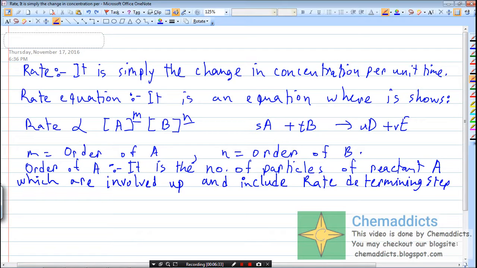It is the number of particles of A which are involved up to and including the rate determining step.